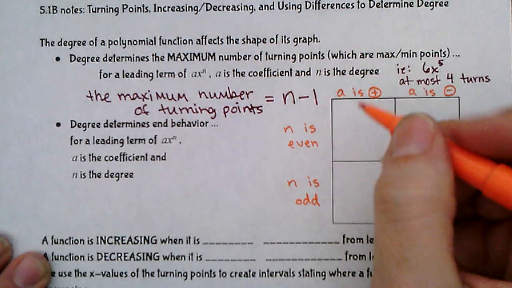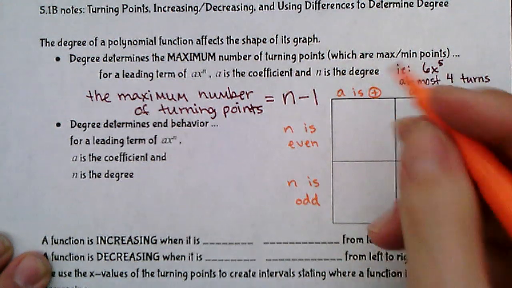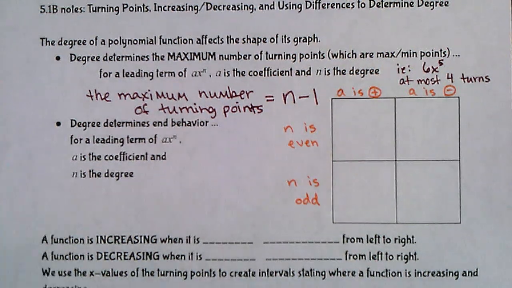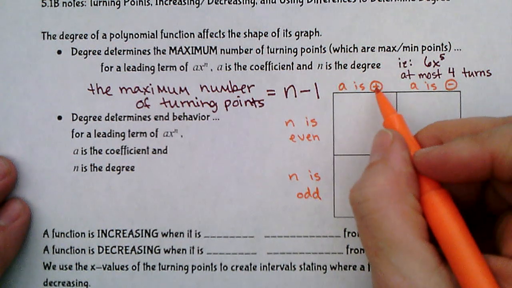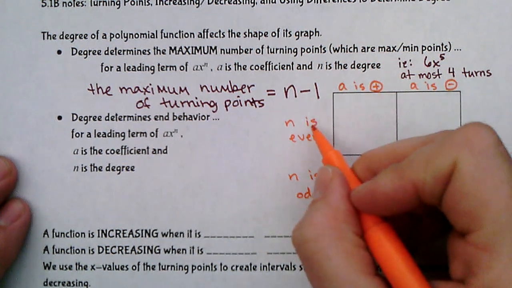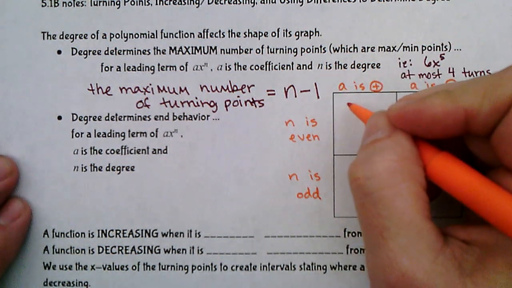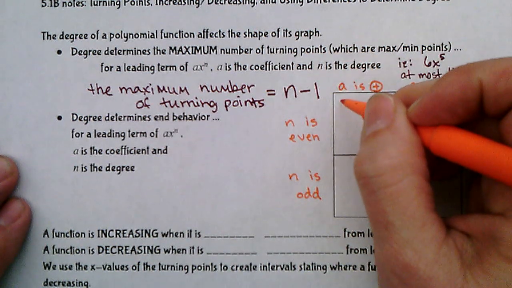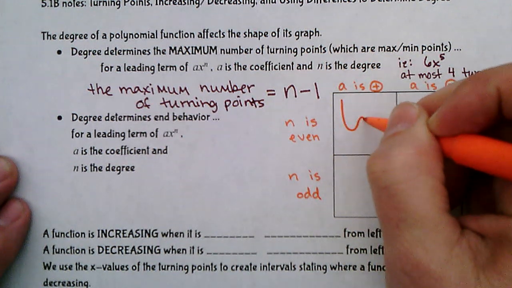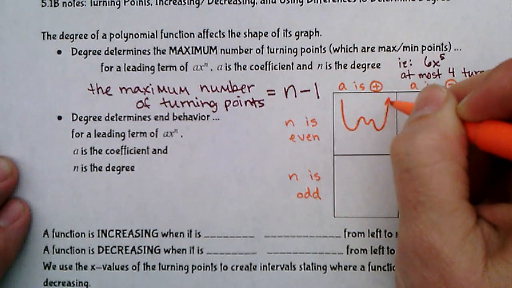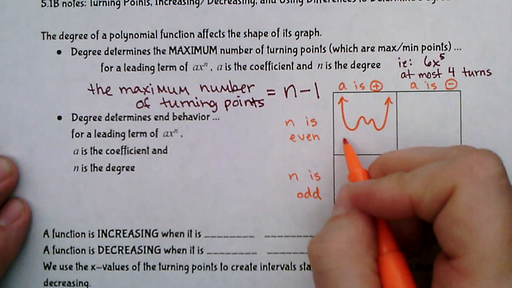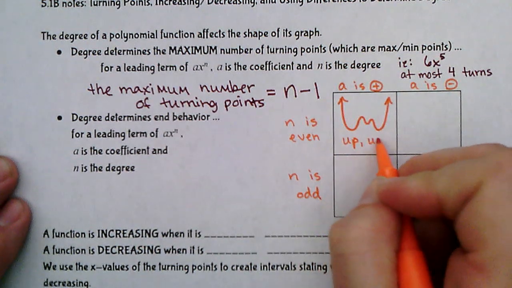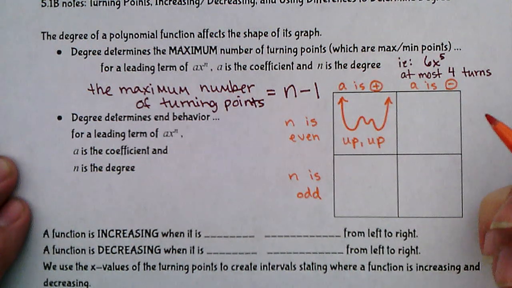If n is even, then the ends of our polynomial function will behave like a parabola. So if you think about y equals x squared, where the leading coefficient is positive and the degree is even, then both ends went up. Now with a polynomial function, anything can happen in the middle, but what's going to happen is that the left end and the right end will be up, so the end behavior will be up, up.